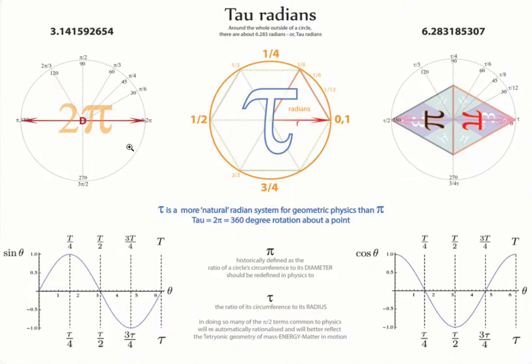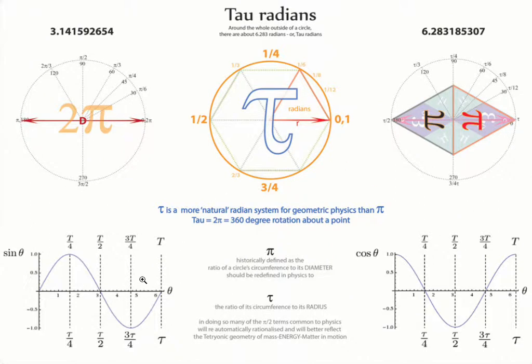In Tetryonics, we tend to refer to photons as tau geometries, simply because it's a way of distinguishing from charged geometries, which are a single pi. So where you see 2 pi as a photon set of positive and negative back-to-back, inductively coupled, I tend to refer to them as tau geometries.